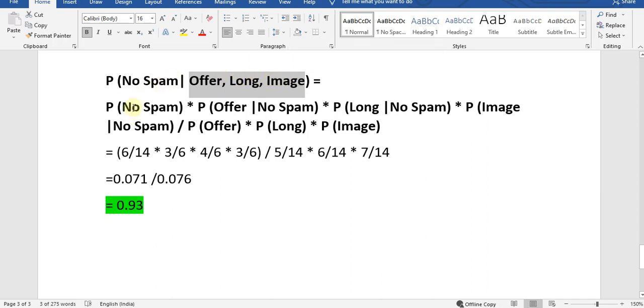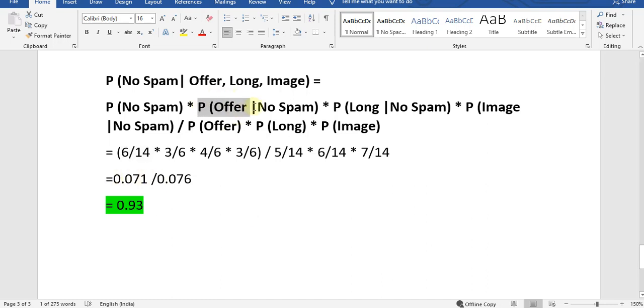That is equal to probability of no spam into probability of offer given no spam, probability of long given no spam, into probability of image given no spam, divided by probability of offer, probability of long, probability of image. Now P of no spam is equal to 6 by 14, because there are total 14 records in the data set, and 6 of them have the target value, that is the spam column value, as no.